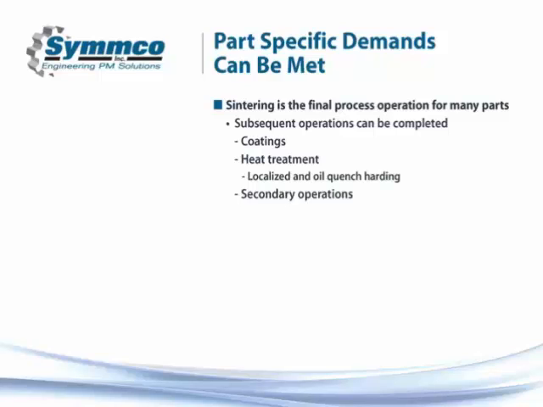Particle hardnesses of HRC60 are easily doable in powder metal. Again, that's a particle hardness of HRC60. That's typical. And we can do that a variety of ways, whether we oil quench, or maybe we need just localized heat treatment to have a high wear area and combine that with a very strong area without brittleness in the drive section.